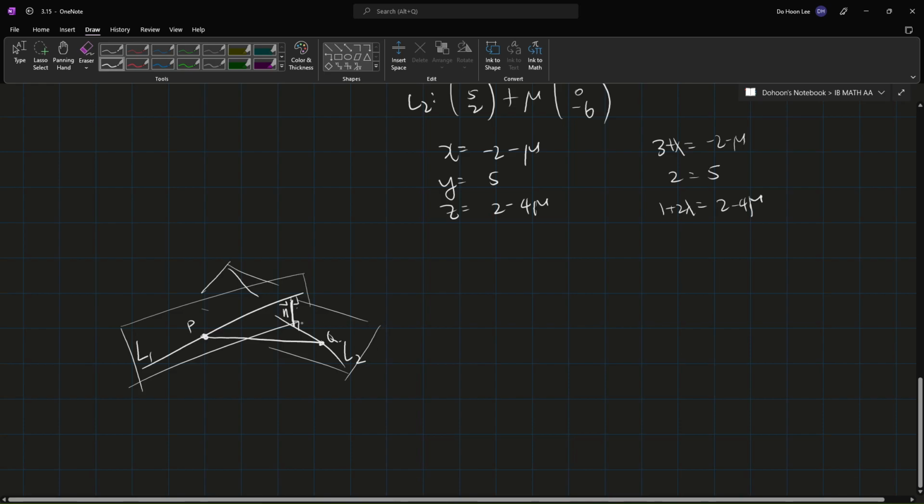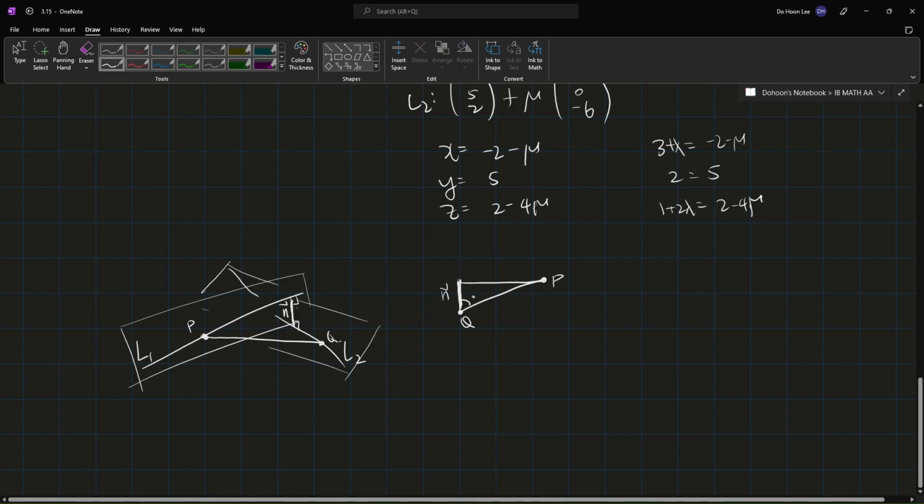If I see this from the side, now this normal vector is like that, and that's my PQ vector. So if I do the projection, I can just move my normal vector to the foot of the Q. I can just project it.